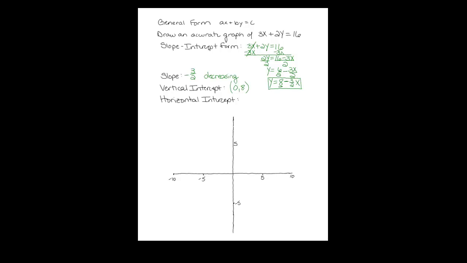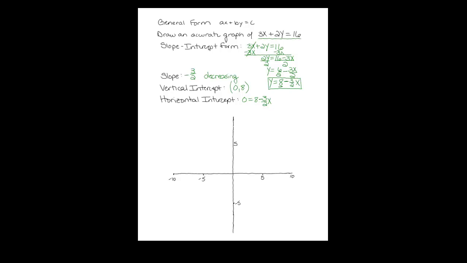Now remember, to find the horizontal intercept, the idea is you set the output, or in this case y, equal to 0, and solve for x. So using the slope-intercept form, this would mean having 0 equals 8 minus 3 halves x, and solving for x, which we absolutely could do, but we could also use the given equation.